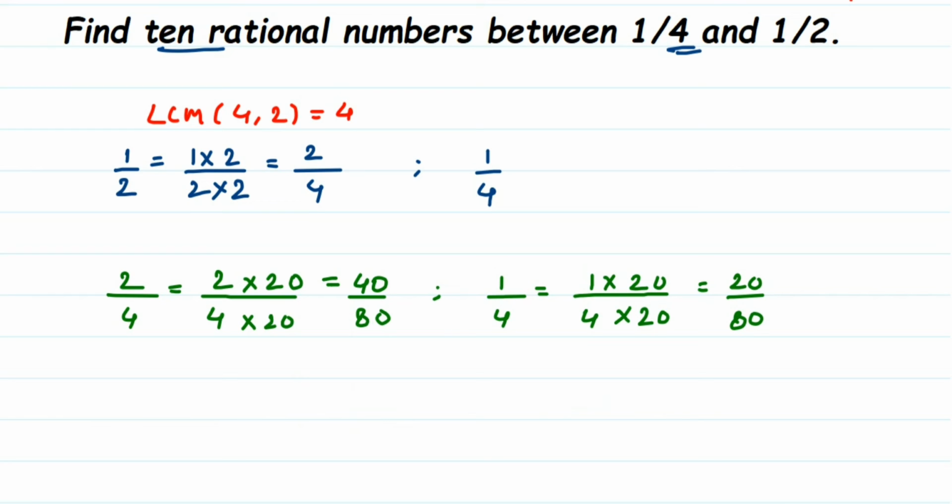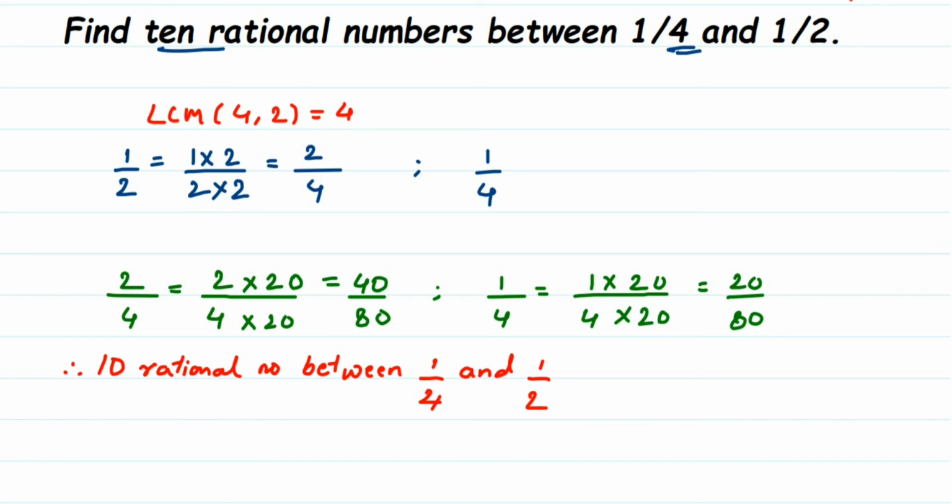Now let me write it down. You can just randomly pick 10 rational numbers and write them down. Therefore, 10 rational numbers between 40 by 80, or you can write 20 by 80, or you can also write 1 by 2 and 1 by 4, anything of 1 by 4 and 1 by 2.